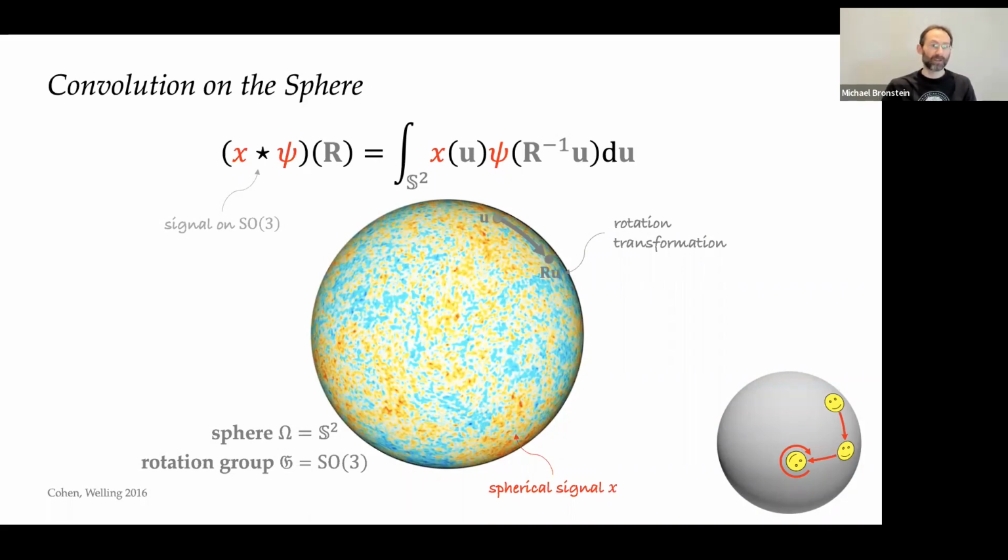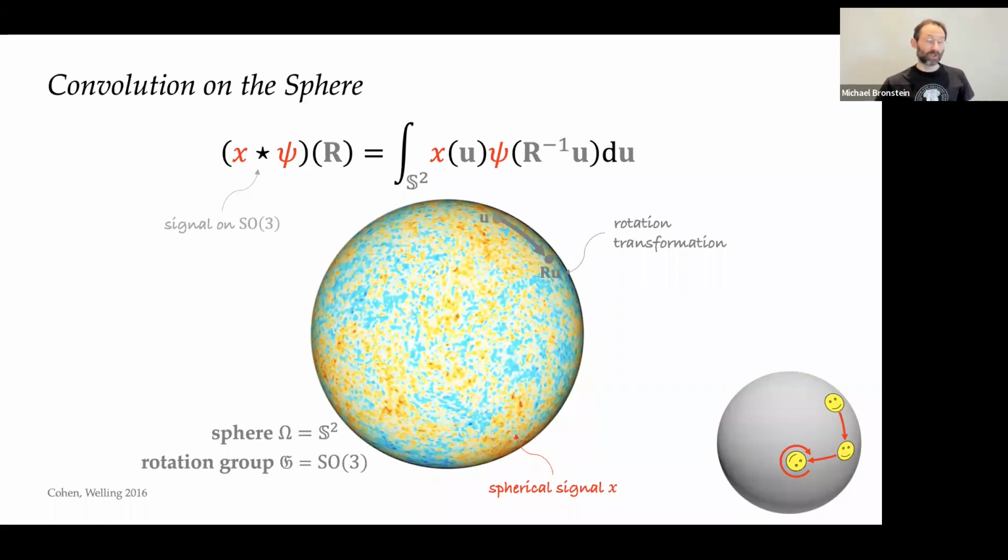And the way to see it, you can see it in this little picture. I can rotate on the sphere three ways. I can rotate this way, I can rotate this way, right, along meridians and parallels, and I can also rotate around itself, right? So the smiley also can rotate around itself. So these are 3 degrees of freedom, or 3 dimensions, whereas the sphere itself is two-dimensional.